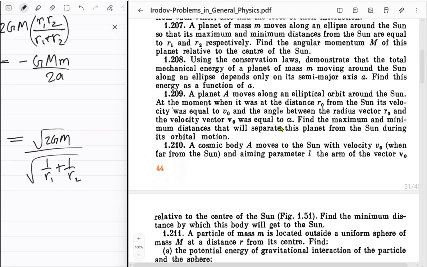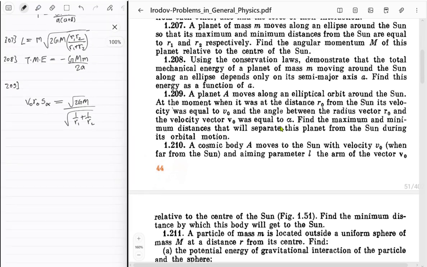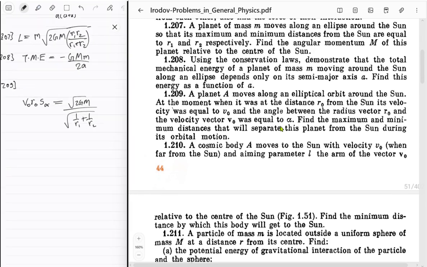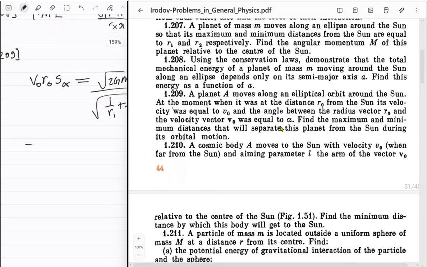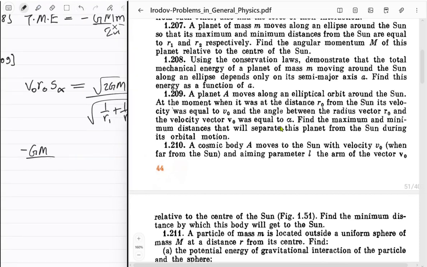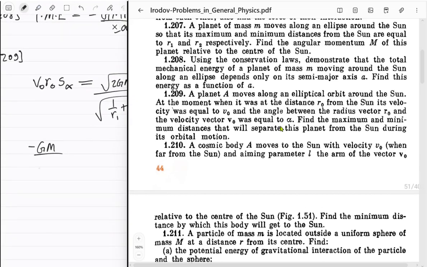And also the total mechanical energy. 2a is just r1 plus r2. That means negative GM upon 2a, skipping the small m value, is negative GM upon r1 plus r2.